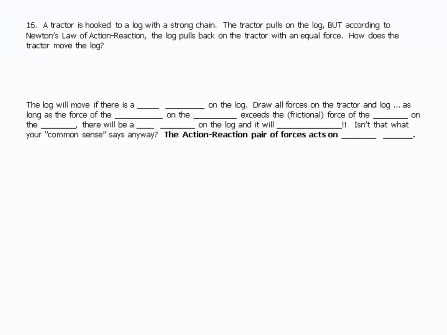A tractor is hooked to a log with a strong chain. The tractor pulls on the log, but according to Newton's law of action-reaction, the log pulls back on the tractor with an equal force. So how does the tractor move the log? So let's draw a little sketch of what's going on first.